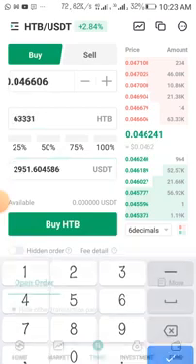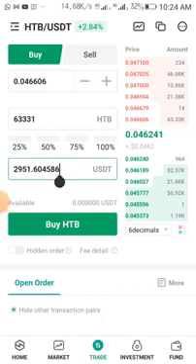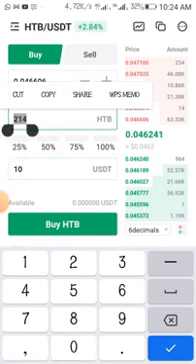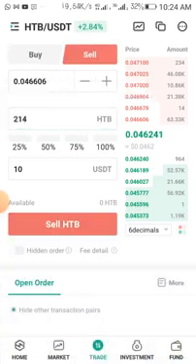Let me buy from this guy. I'm buying from here. Buy from this person. So I'll filter in and put my $10 that I want to buy. So I will get 214 HTB.